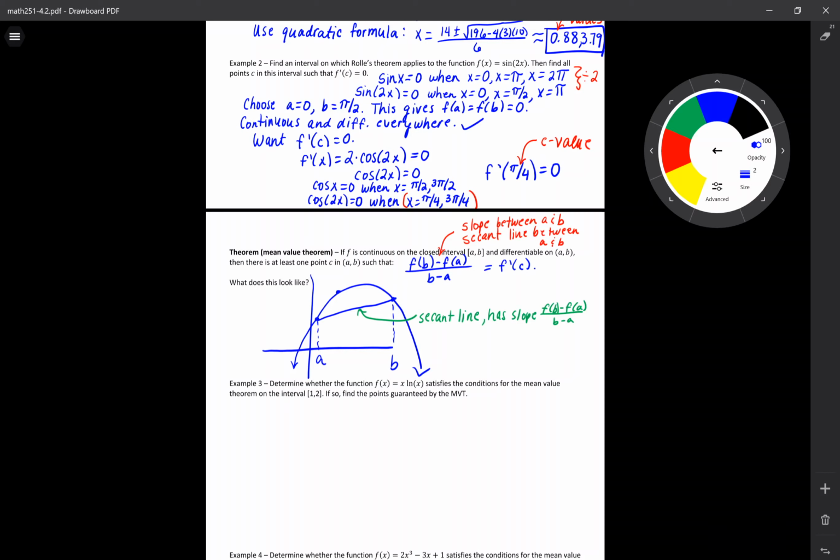If I were to draw the tangent line here, actually a little bit further, then this tangent line has the same slope as this secant line. So these two lines are parallel to each other. So this is the tangent line at c. If I draw c here, this is x equals c, and it has slope f prime of c.